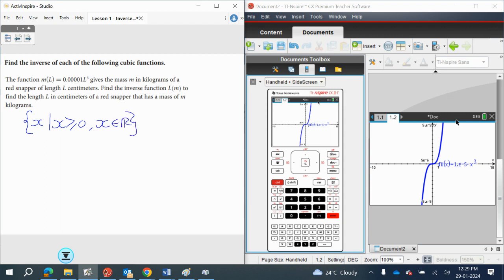Why is the domain restricted by the question? Because length can't be negative. So what we need to do is to find the inverse of this.